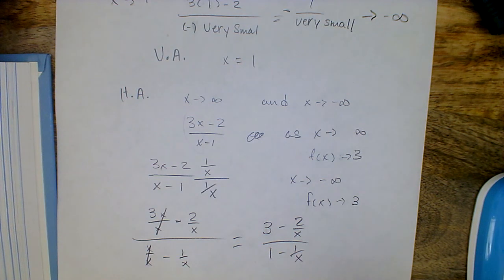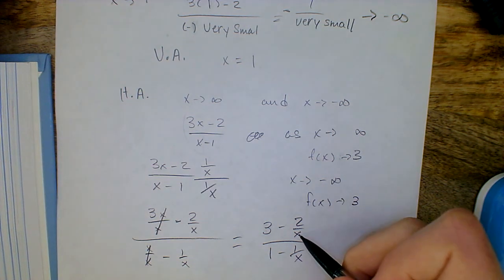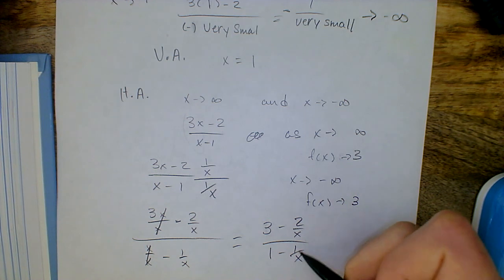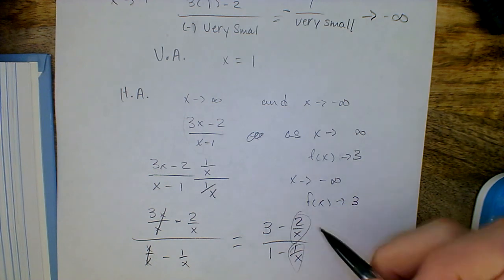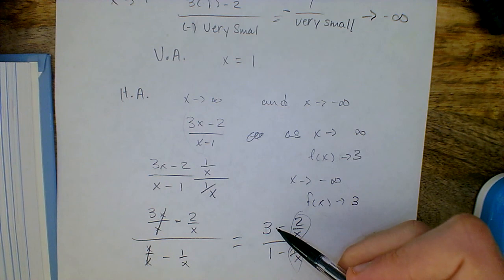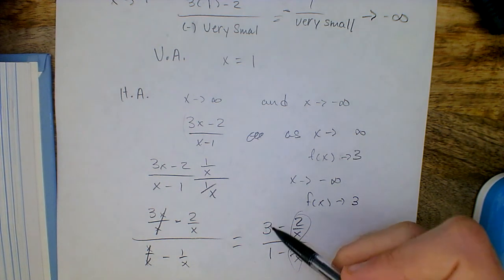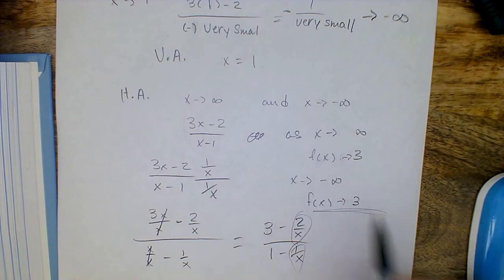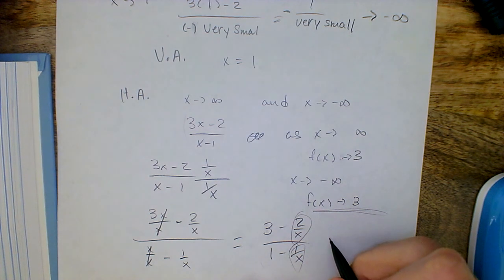Okay. So if I let x become very, very large, then 2 over a number very, very large is like 0, and this number here goes to 0 and this number here goes to 0. So as x gets very, very large, positive or negative, we get the behavior of 3 over 1, or 3.